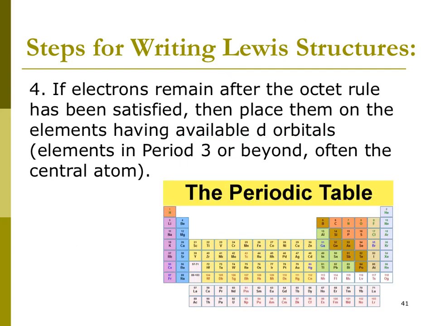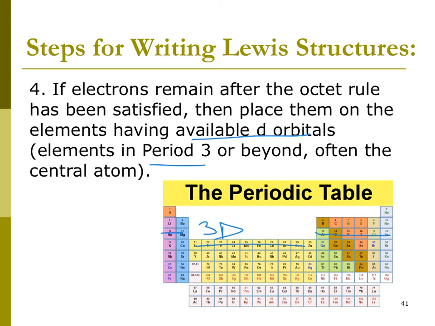Let's take a look at what atoms are capable of having an expanded octet. Which atoms have available d orbitals? As we just discussed, the 3d orbital starts with element 21. That means that any element that has a third energy level, so anything in period 3, would have a 3d orbital.